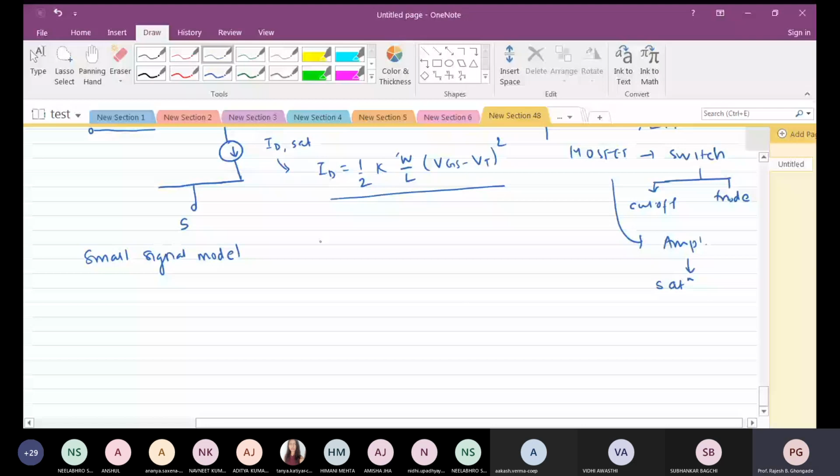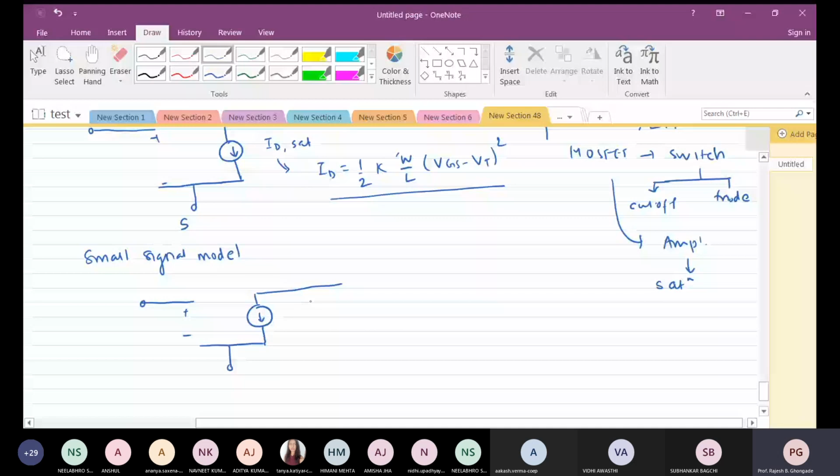In that case, again, I can show it like this. Let us mark this also. So this is again going to be a constant current source, and of course, I'm going to have this parameter here.